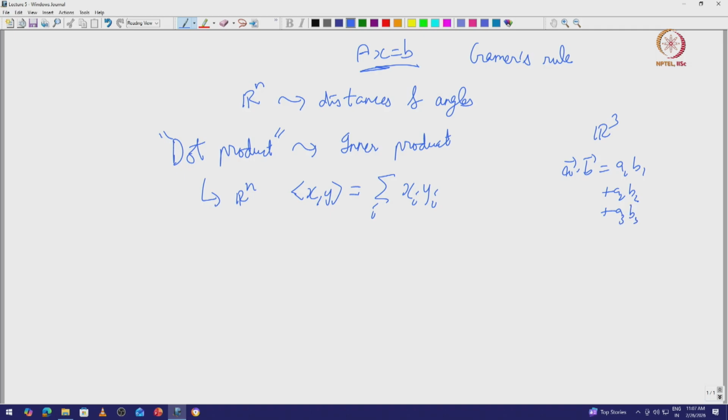This is simply a generalization of this definition to Rn, right? And x dot x, which is the sum of xi squared, in R3 what would this be? This would simply be the length squared of the ray pointing from the origin to this vector, right? This is the Pythagoras theorem.